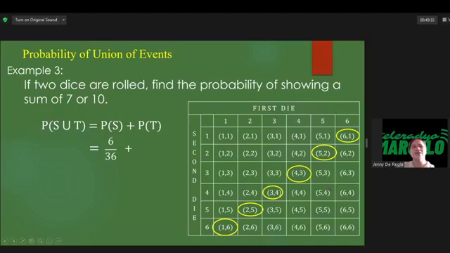While the probability of showing a 10 has 6,4; 5,5; and 4,6. So we have 3 over 36. So 6 plus 3 is equal to 9. Copy the denominator. So 9 over 36 equals 1/4.